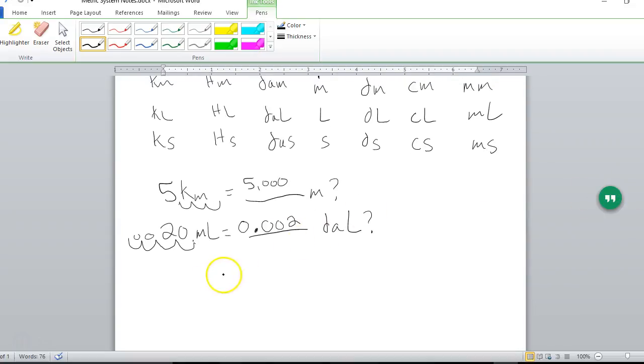All right, let's do one more for seconds. If I had 10 kiloseconds, and I want to know what that was in milliseconds. I'm starting here at kilo. That's what they gave me, 10 kiloseconds. You're given, as always, a number with the unit. So 10 kiloseconds to milliseconds. Oh, not milliliters, milliseconds.